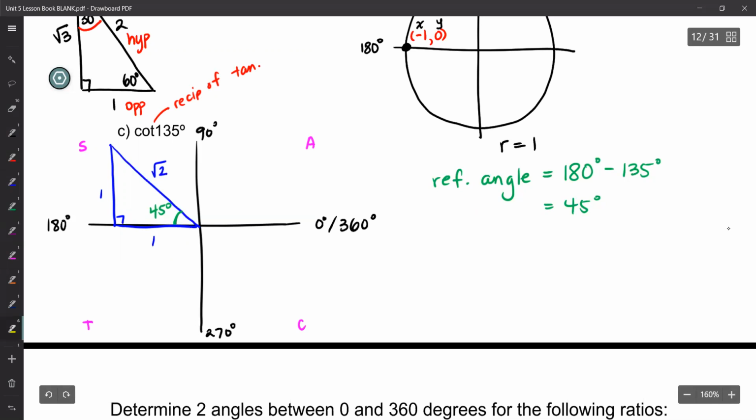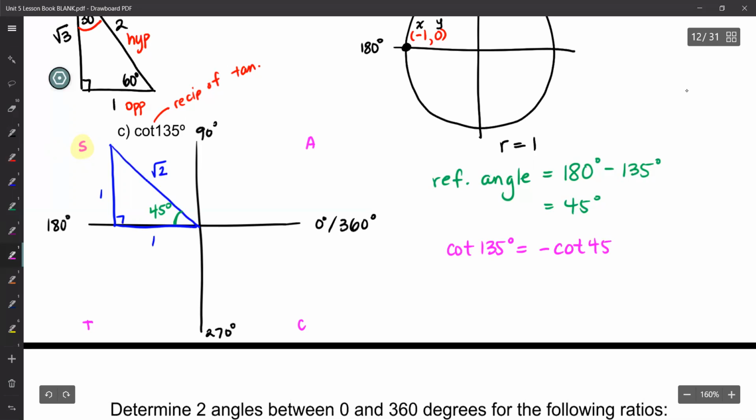So if I'm trying to take the cotangent of something in the sine quadrant, what would I expect to get from my answer here? Negative. A negative, yep.